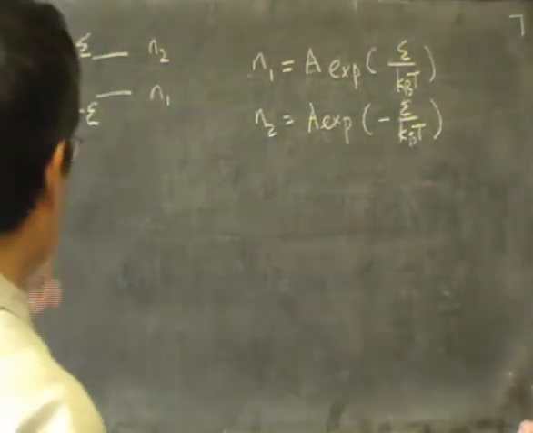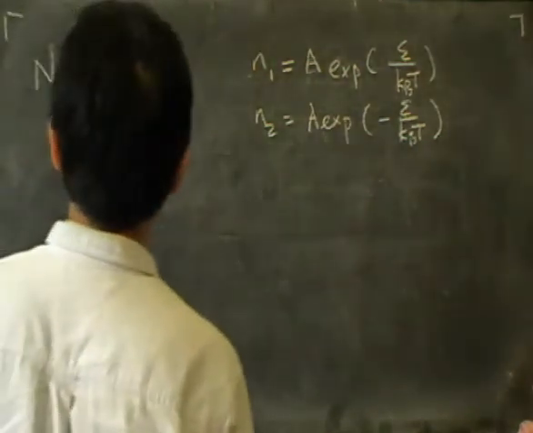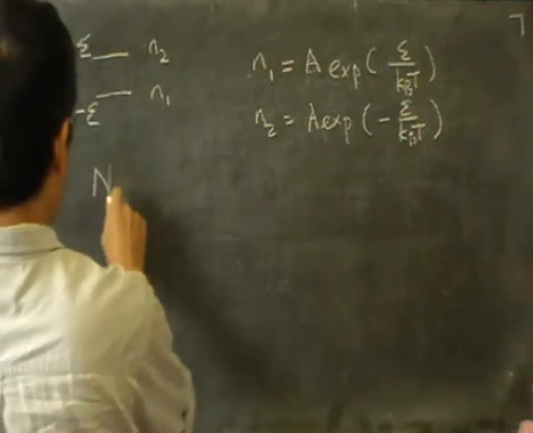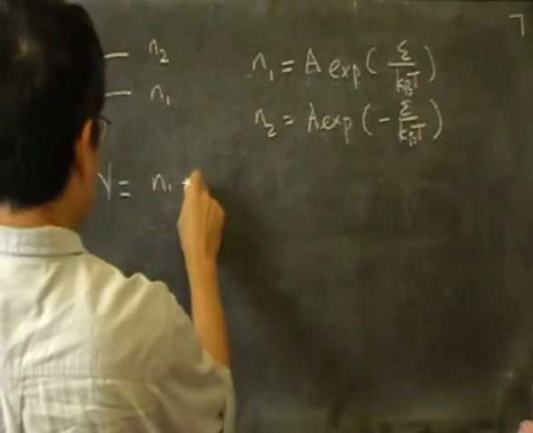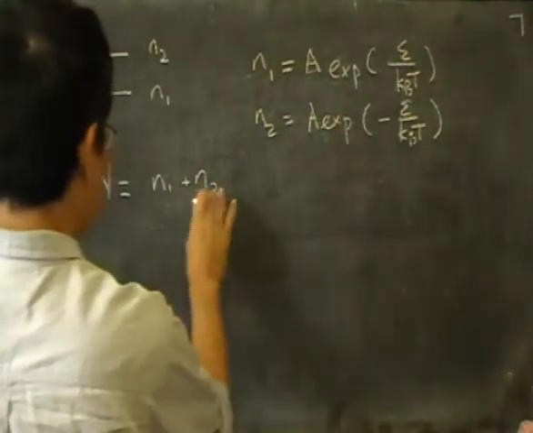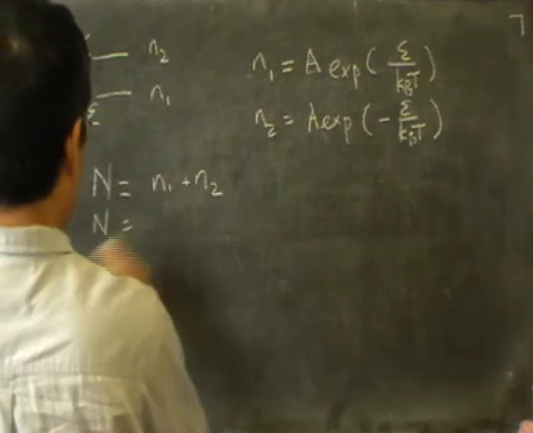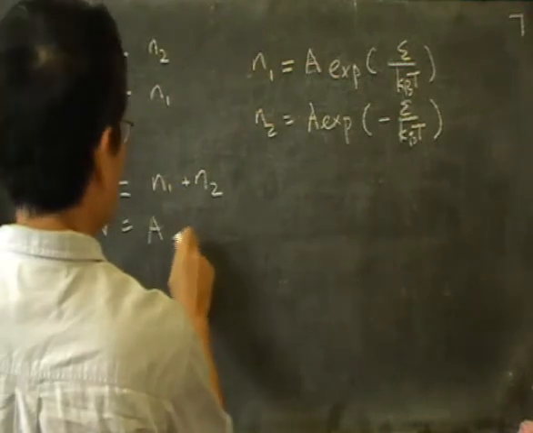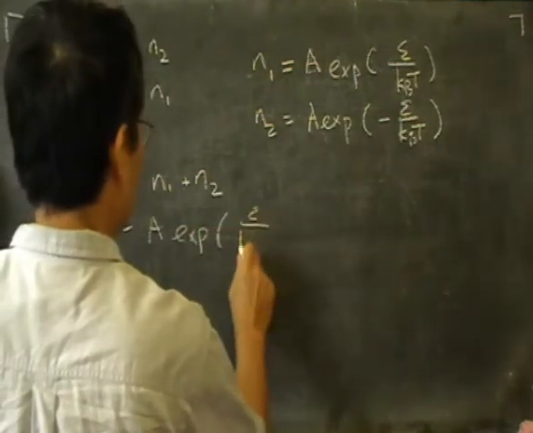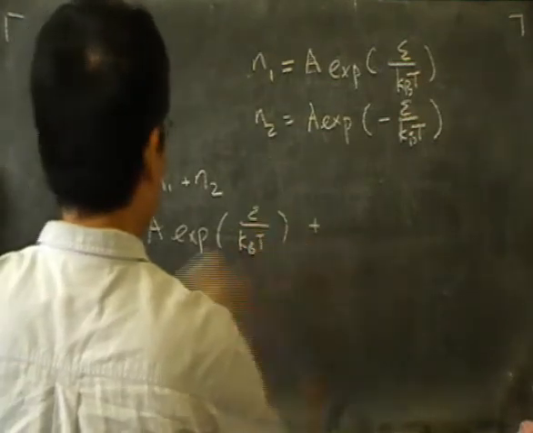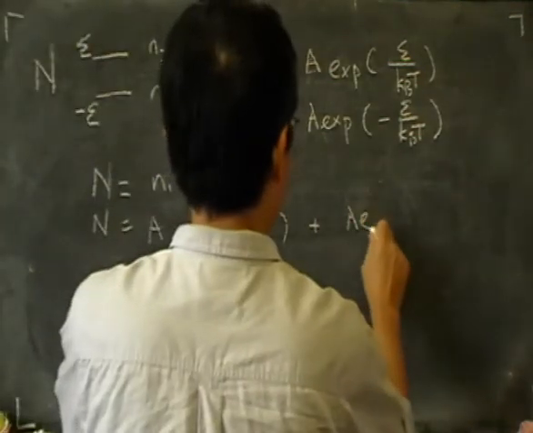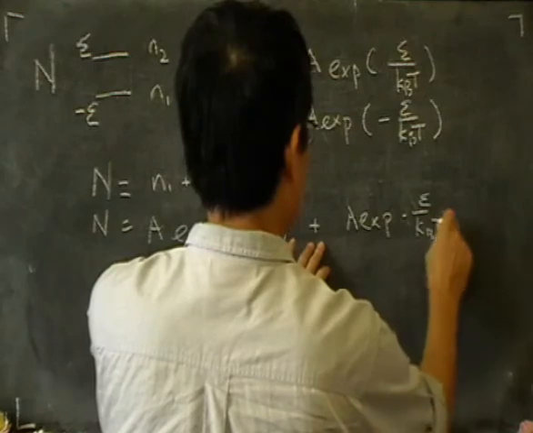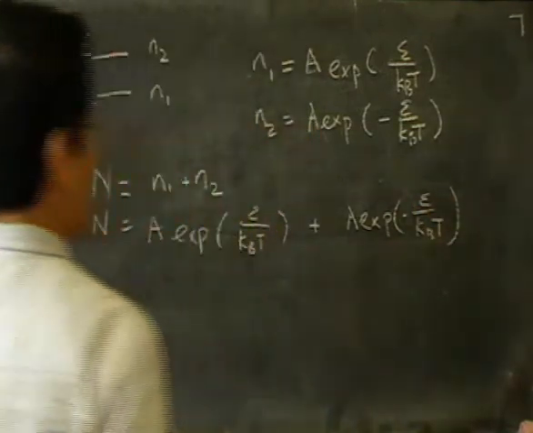We'll find A by using, if you recall from the last session, the relation between the number of particles N and N1 and N2. We can find A by substituting into this expression. N is equal to N1, which is A times exponential of epsilon over kBT, plus N2, which is 2A exponential of minus epsilon over kBT.